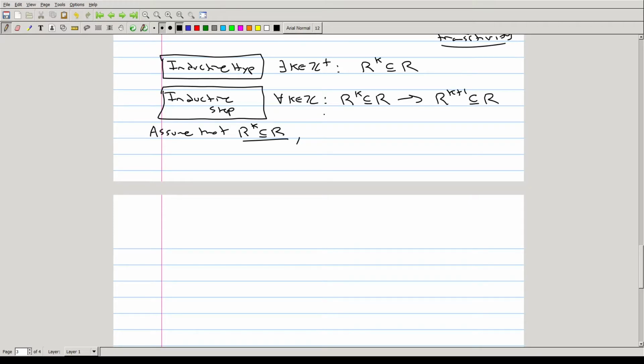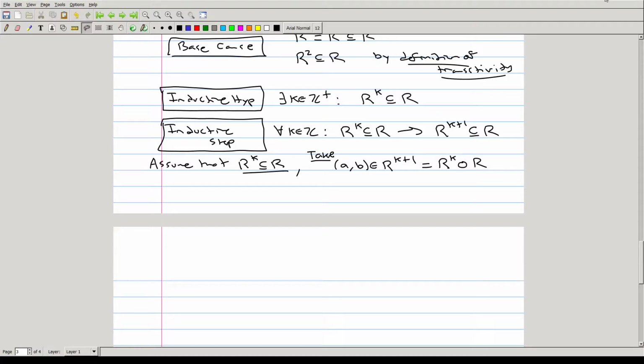And then we want to show R to the k plus 1 is a subset of R. So we have to take some arbitrary element (a, b) in R to the k plus 1. If we can show this arbitrary element (a, b) is also an element of R using this assumption, then we're done. We know that R to the k plus 1 is just R to the k composed with R.